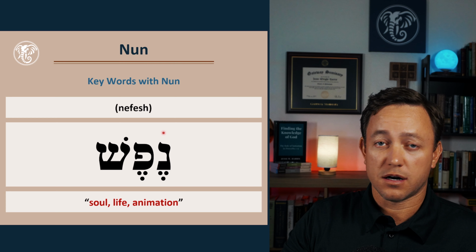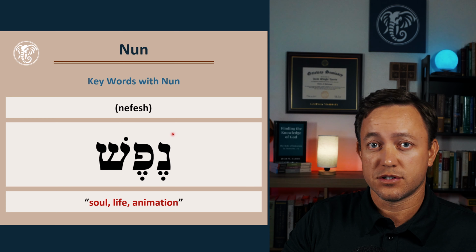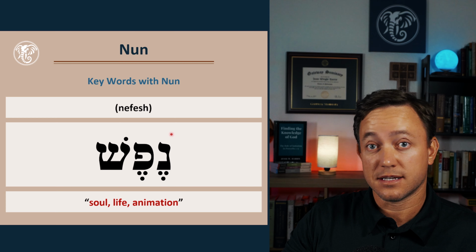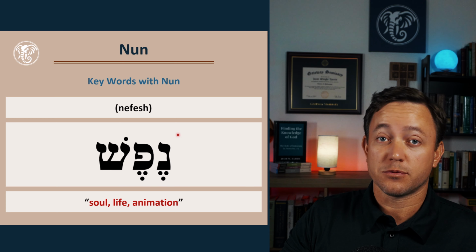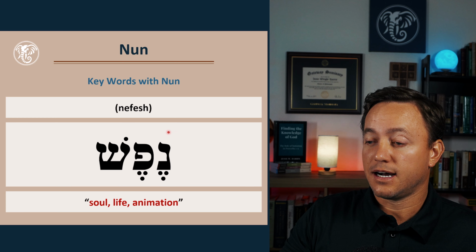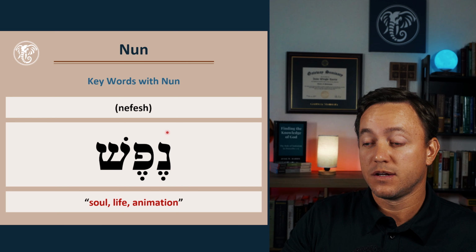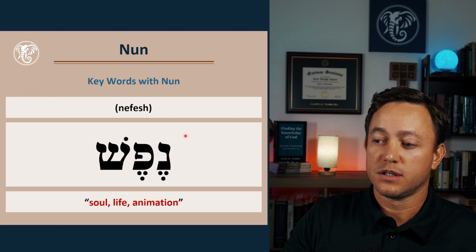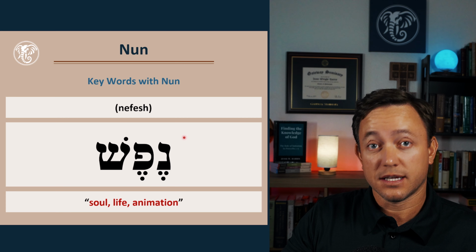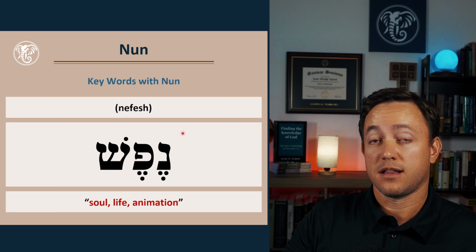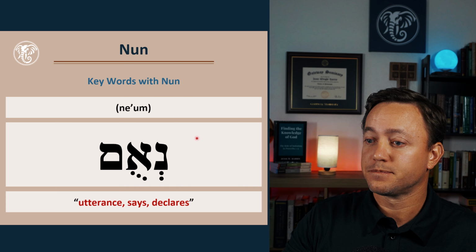But there are some scholars who contend that there's much more of an overlap and similarity and consistency between those uses, and that perhaps we shouldn't draw such a strong division between the sense of soul and that kind of life animation, even from earlier times. So in either case, it is a really important and key word from the Old Testament, and especially as it develops into the New Testament.